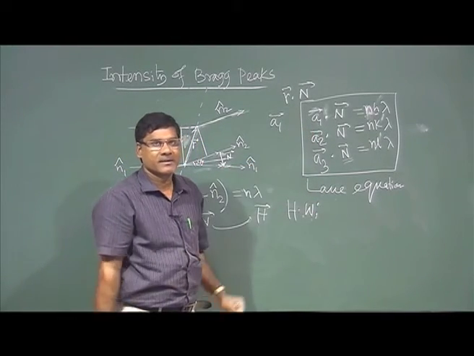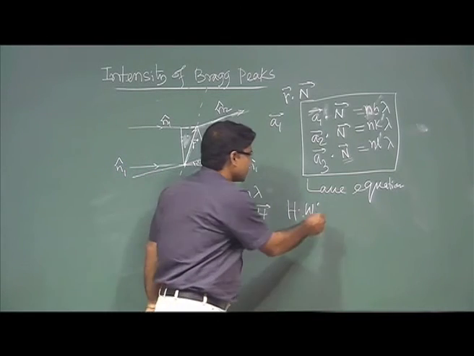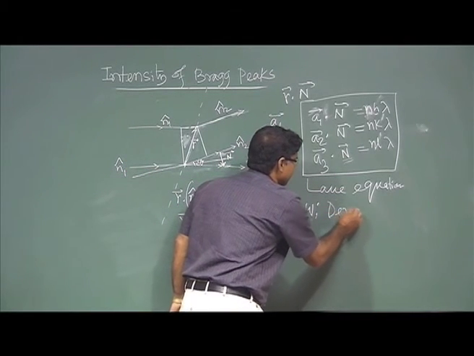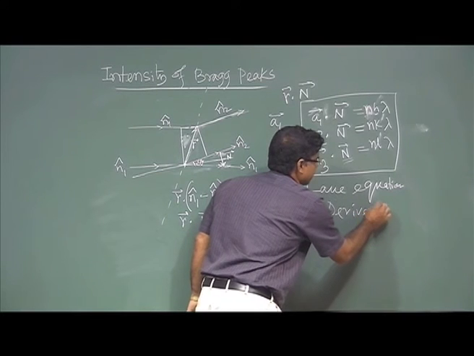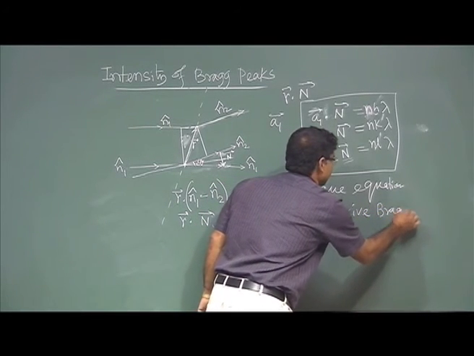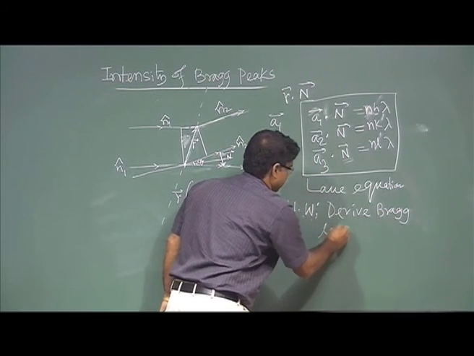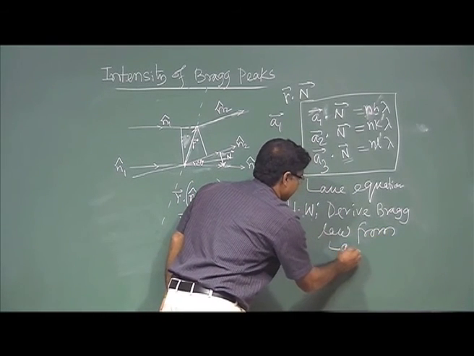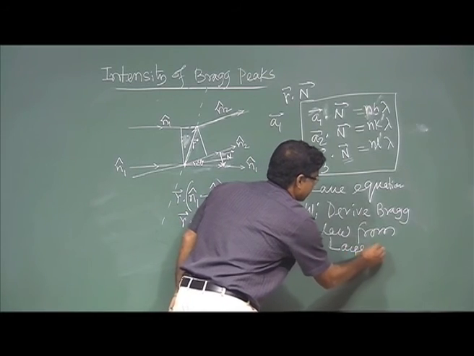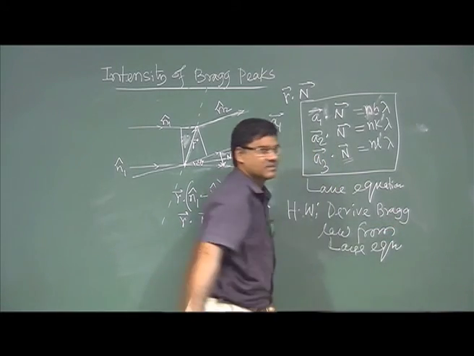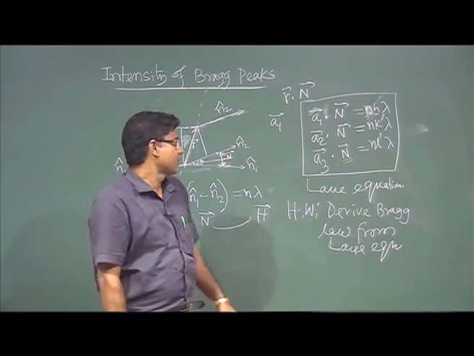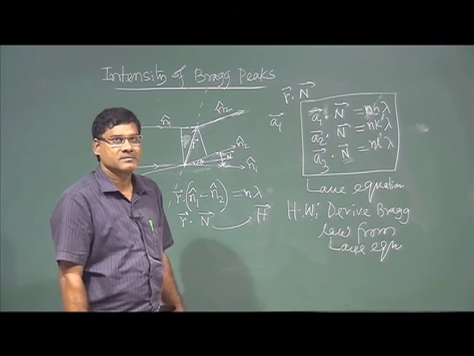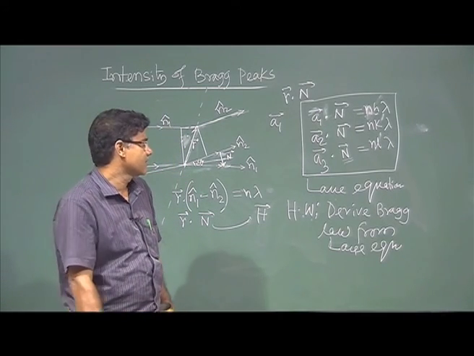It is very easy. Just try to do it yourself. So, derive Bragg's law from the Laue equations. Okay. So, I will stop here. I will continue in the next class. Thank you.